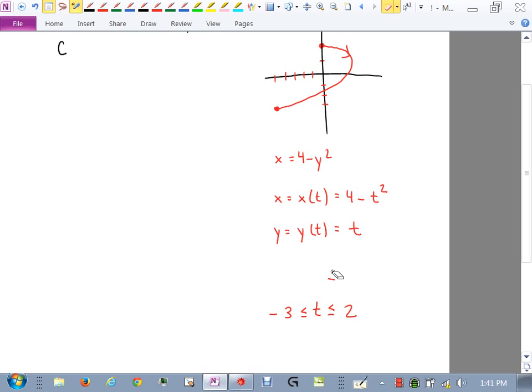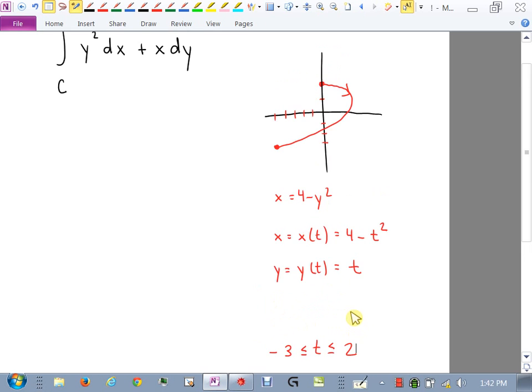So what's actually happening here? If t is going to vary from -3 to 2, then what are we actually going to do along this path? We're going to go the other direction, right? Let me come up here and draw that in. Like this, right? That's actually the direction we're going to go. Now, do the instructions say I have to go along a certain direction?